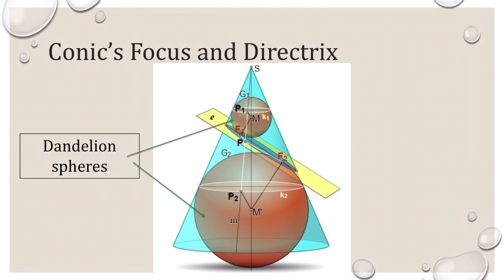Now this circle, if I extend it, I will get a straight line on the plane. You can imagine that. So this straight line also is the directrix. Each such straight line is a directrix of the conic. In that way, you can find the directrix and the focus of each conic.